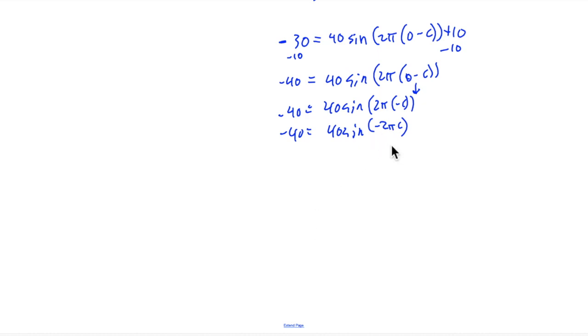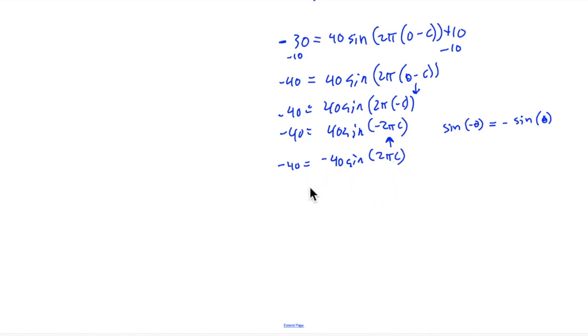This is telling us that we have a negative angle in here. By the unit circle, we know that sine of a negative angle theta is negative sine theta. So we can write this as negative 40 equals negative 40 sine of 2 pi c.